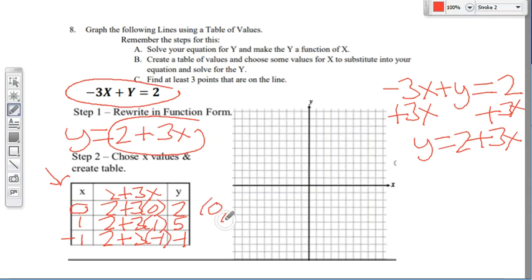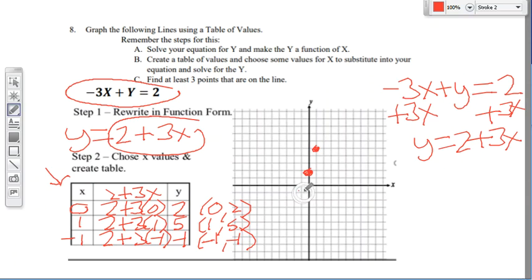Now, this gives us some ordered pairs for points that are on this line. So now we're going to graph all 3 of these points, and that will help us to graph our line. So 0, 2, 1, 5, that means to the right 1 and up 5. 1, 2, 3, 4, 5. 1, 5, and then negative 1, negative 1.